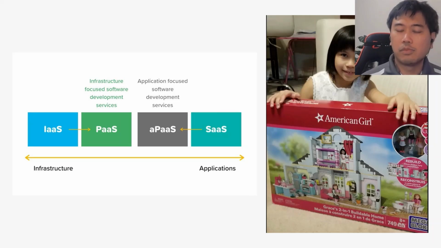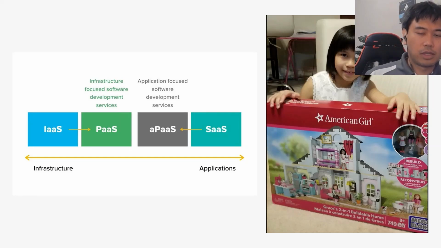There's a lot of customization that you can do on an aPaaS, or application platform as a service. And just the same way as you have these Lego blocks and you work with that instruction on how to build them, you have a starting point and you can customize as it fits the need.